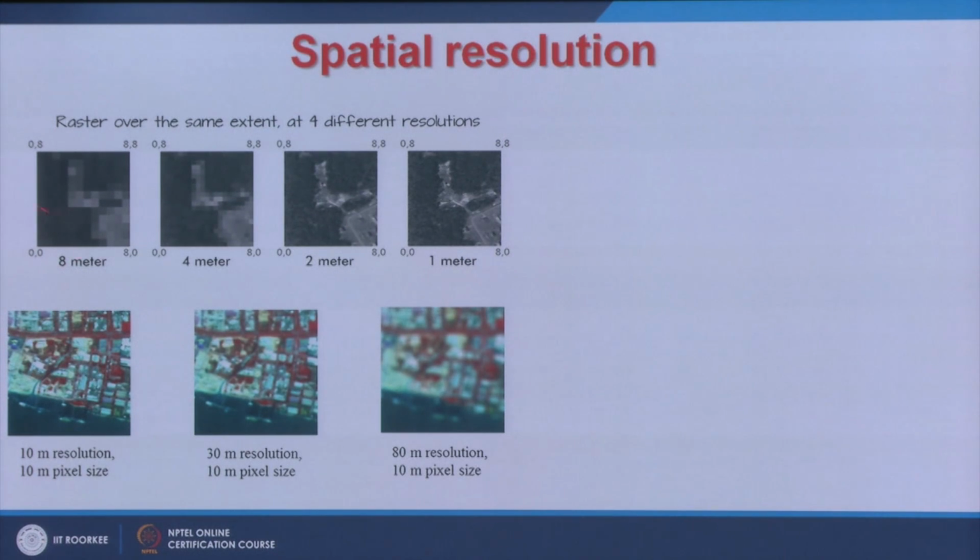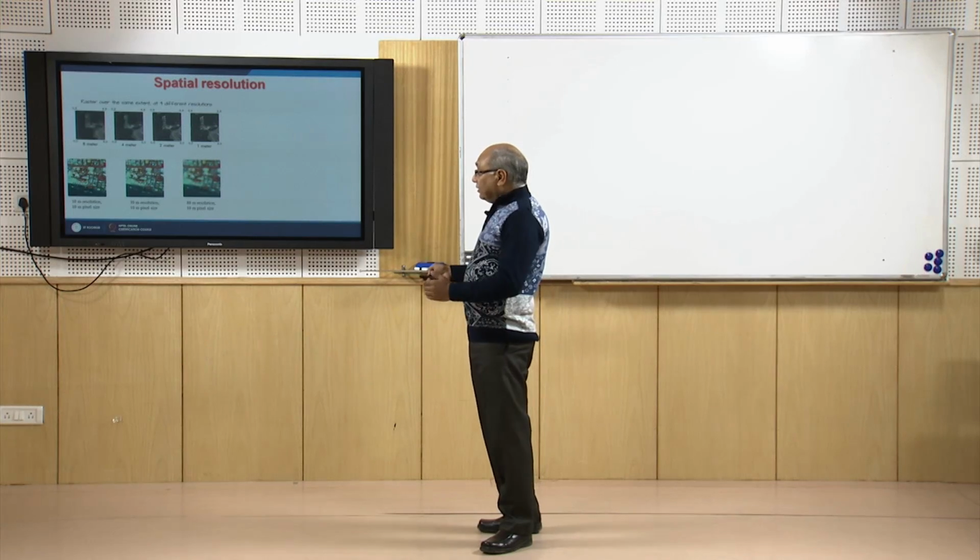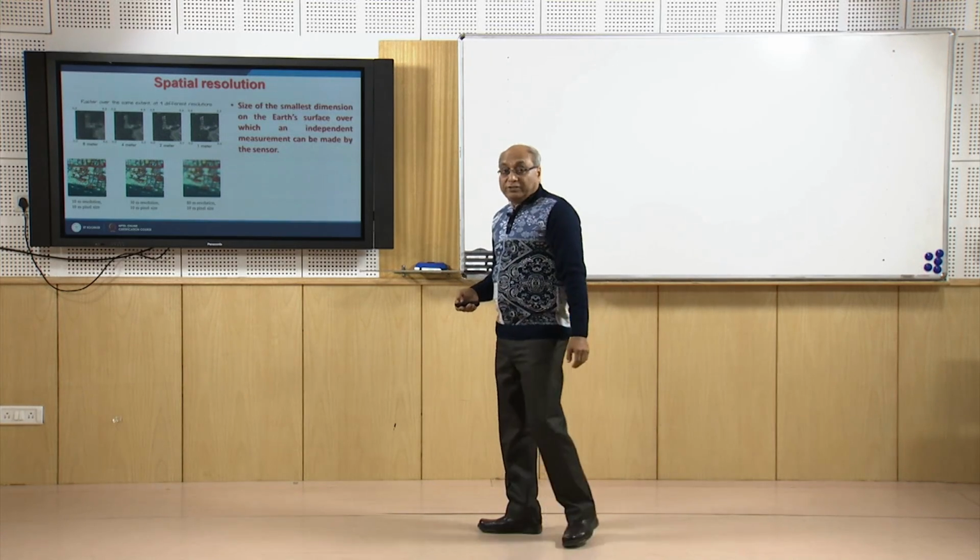Another example, instead of panchromatic, is given in this false color composite. This is a 10 meter example. We are able to resolve things very easily, we are able to distinguish, but if we compare this image with 80 meter resolution, then things are not easily identifiable. So this is how spatial resolution makes the difference.